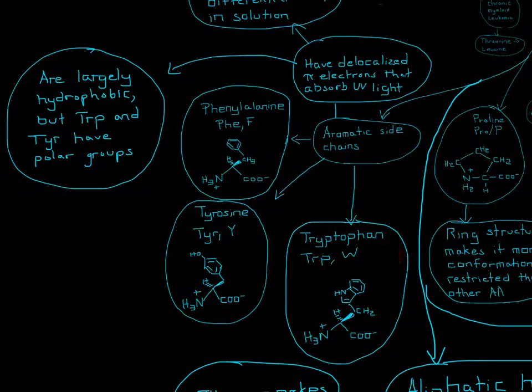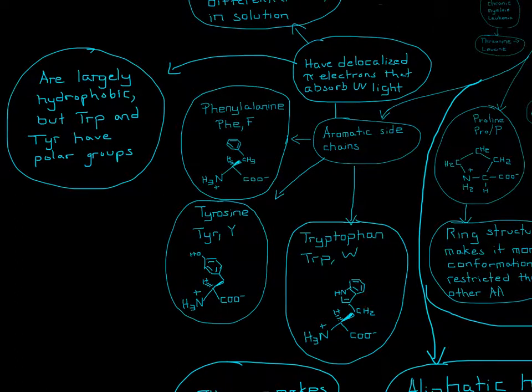And then finally, tryptophan, TRP and W. For this one, I just remember it as tryptophan, and you're waving a W as your fan. This one's a little bit more complicated. You have a ring with a nitrogen over here, and then you have a benzene ring.